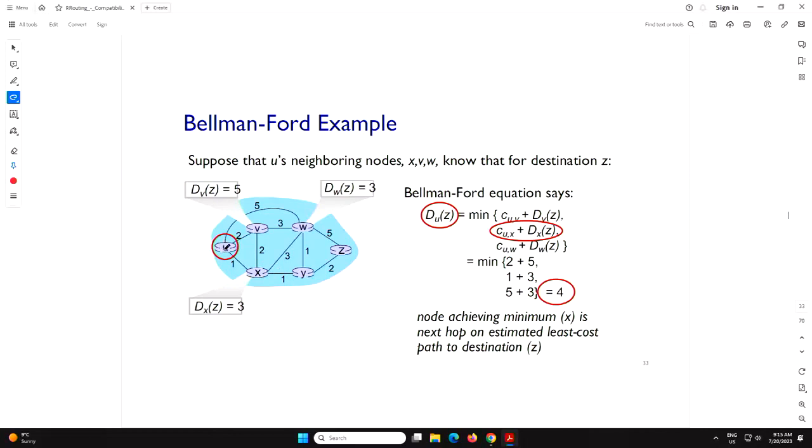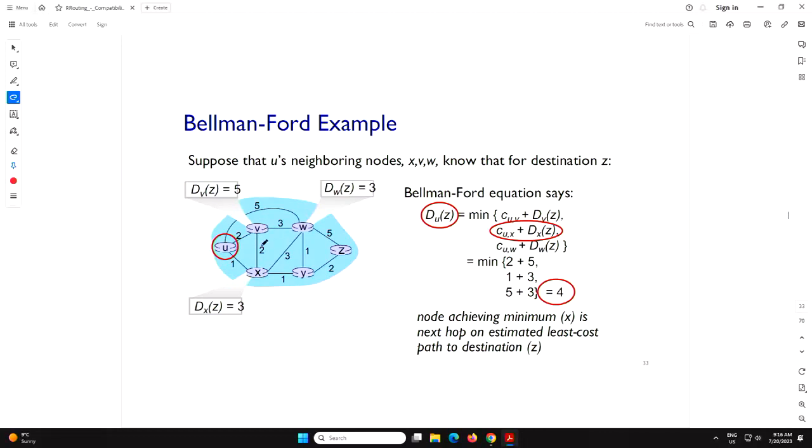If this node U is interested in finding out the distance to its destinations, the first thing it has to do is look at its neighbors, right? That's all you can do. That's the first thing, because you know you can reach these neighbors with a certain cost. You know the link cost.